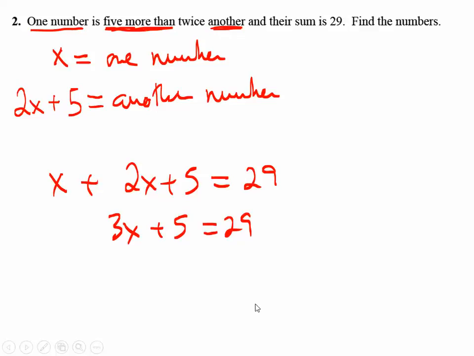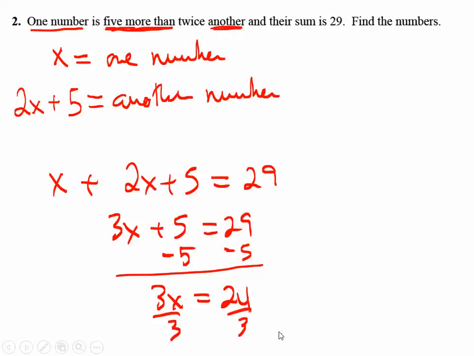Alright, combining like terms, I get a 3x now, subtract 5 from both sides gets me 24, and how about dividing by 3 would eventually get me just a regular old 8. Good there? Now, that is just one of those numbers, right?